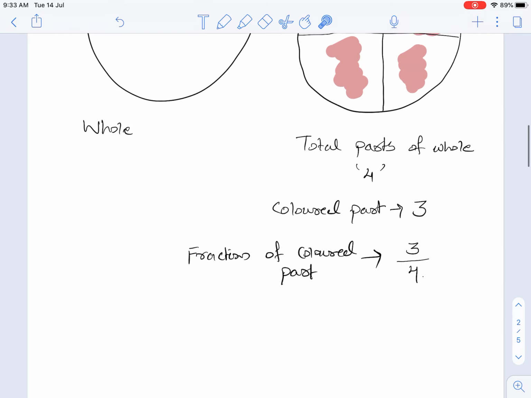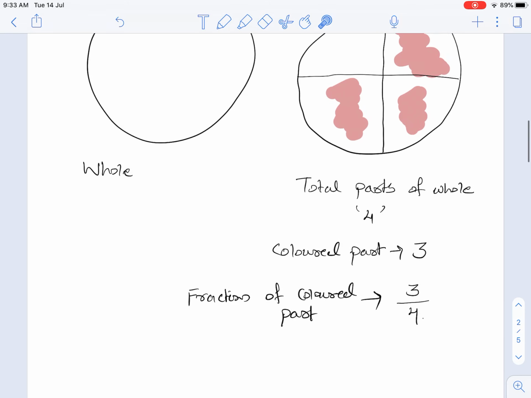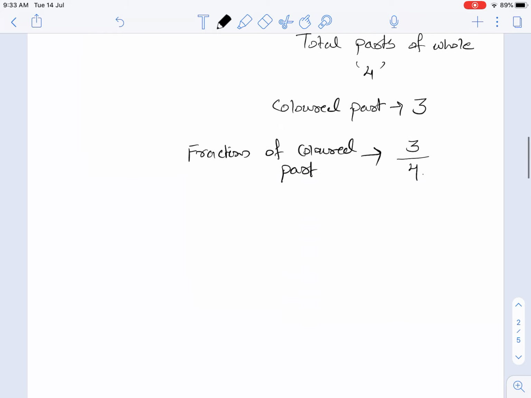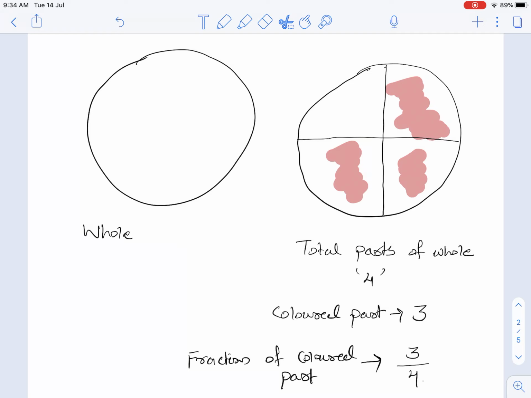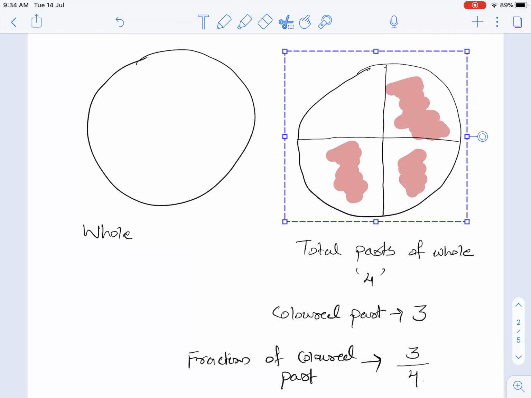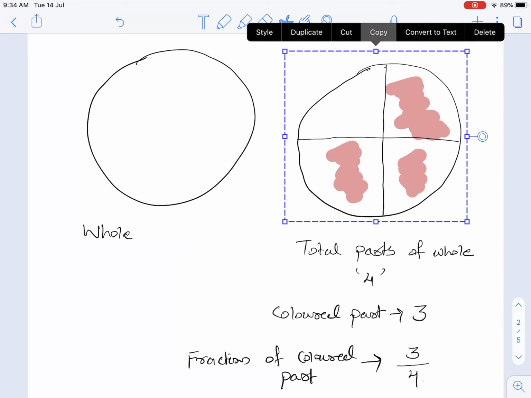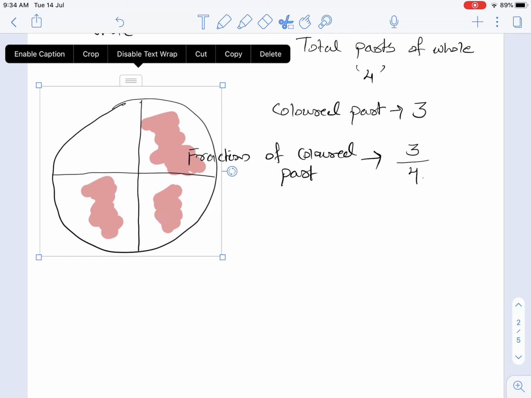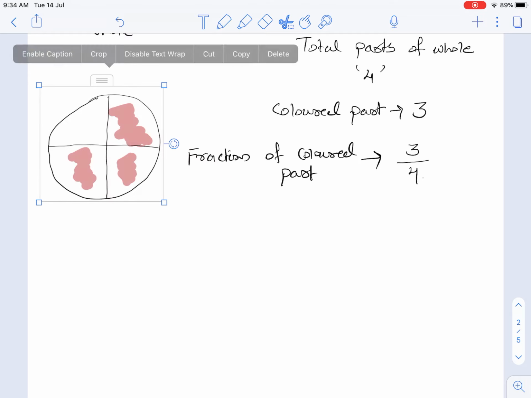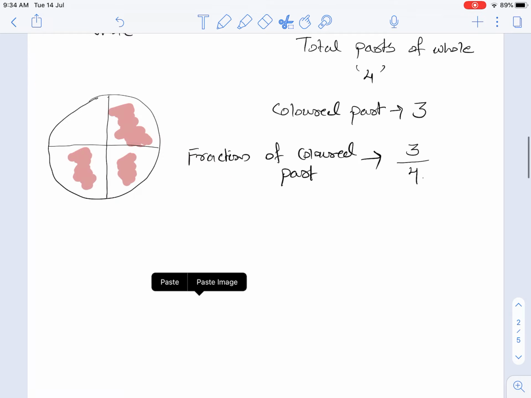In the same way we can write how many parts are not colored. For that, again the same condition applies. Let me bring this figure over here. Now for this same figure, suppose I want to write the number of uncolored parts.